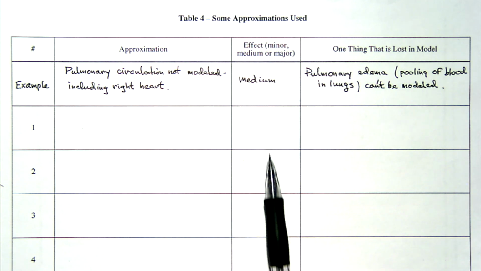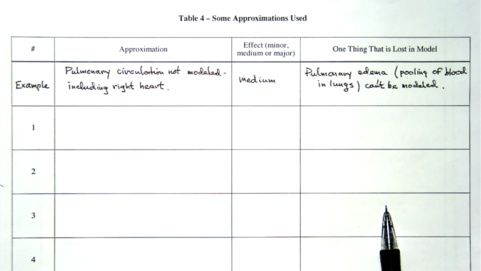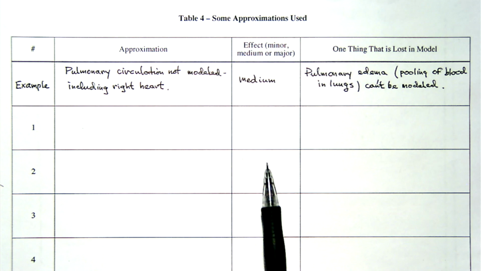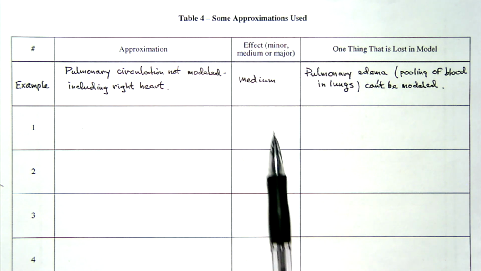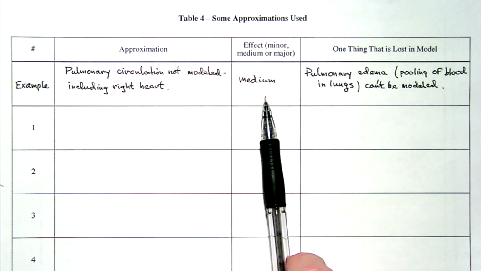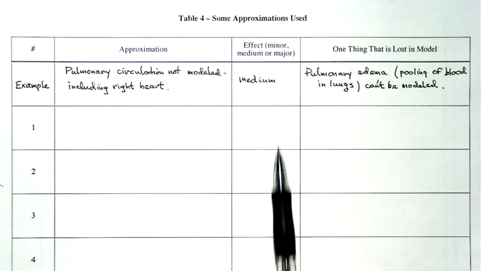And for each of your approximations, in addition to listing one thing that's lost in the model because of that approximation, I'd like you to make a judgment about whether you think the effect on the final accuracy is minor, medium, or major. I don't think any of them are going to be major, because that means you couldn't trust the final result much at all. But I'll let you make a judgment about what you think the effect is of each of your approximations. You will not be graded on this particular center column here, but just make a judgment.